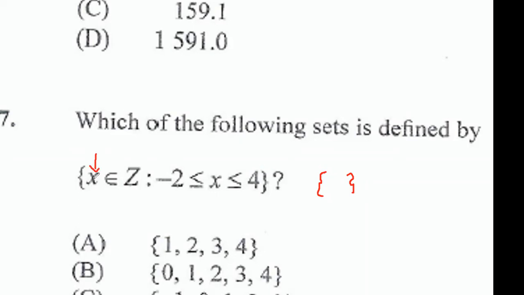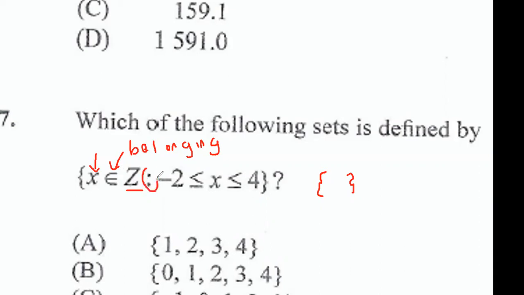The set of all x's, and this is belonging. Belonging to Z. What does Z represent? It represents the integers. The set of all x's belonging to integers, or the set of integers.